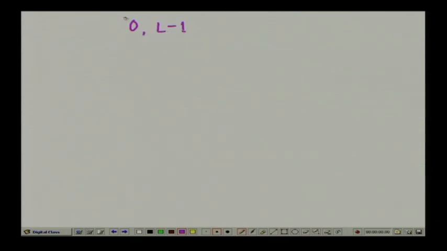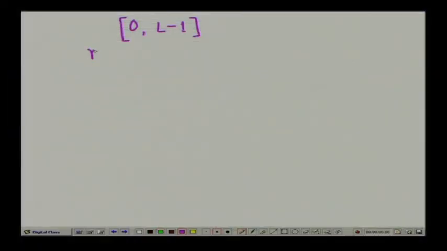The digital images we are talking about will have L discrete intensity levels, represented in the range 0 to L minus 1. And we say that a variable r_k represents the kth intensity level.